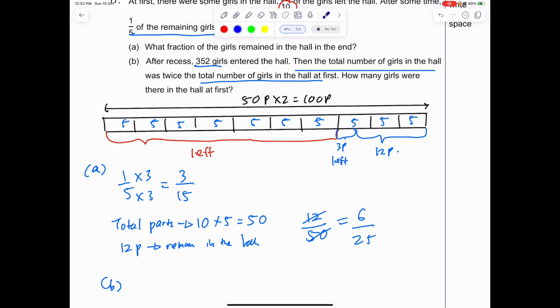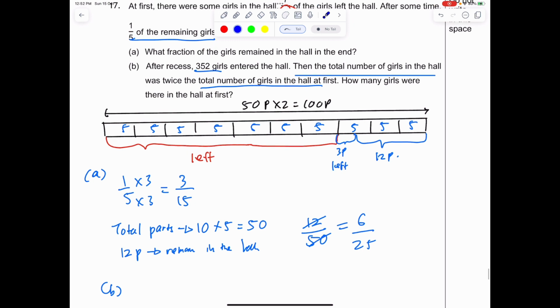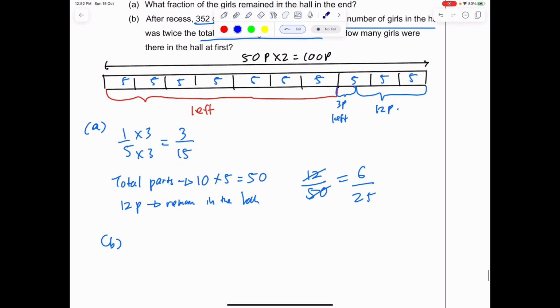But 100 parts is not equivalent to 352 because we mustn't forget that there were 12 parts of the girls that actually remained in the hall already. So these 12 parts cannot be counted towards the 100 parts. So what we need to do is take 100 parts, subtract away these 12 parts.